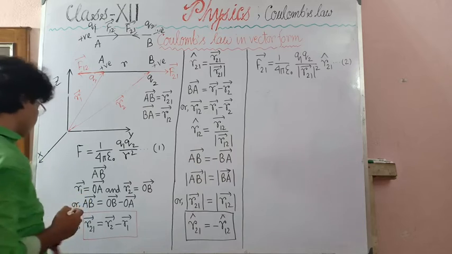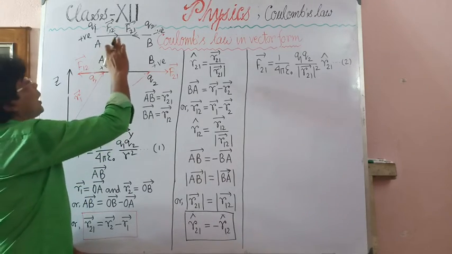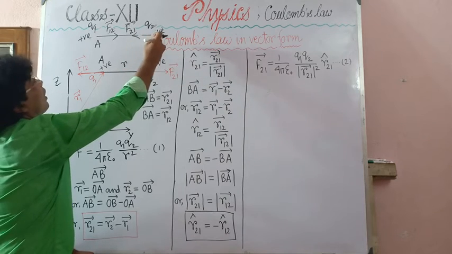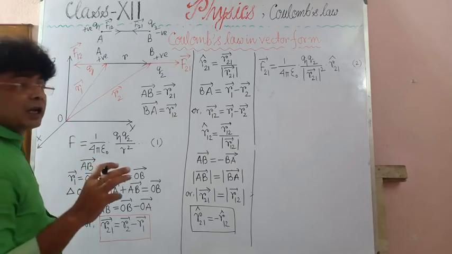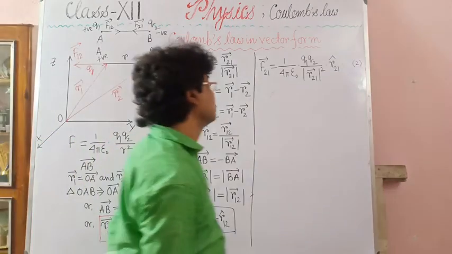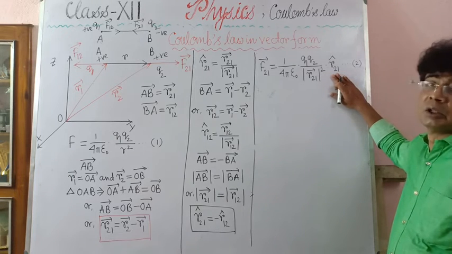So, the direction of F21 vector is along BA. We can explain this using equation 2.